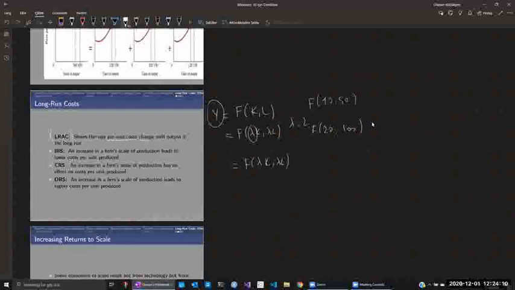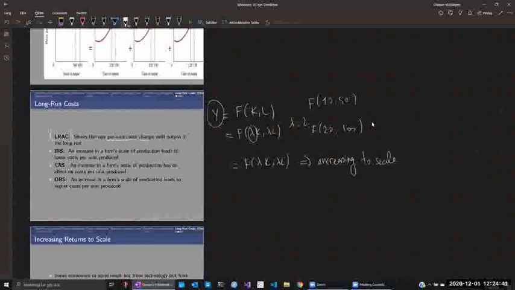One thing that could happen is that this increase in the scale might decrease my long-run cost. Maybe if I'm operating at a higher scale, I can obtain some of the inputs at cheaper prices, for example. But if the costs are decreasing as the scale increases, then we say that there is increasing returns to scale.